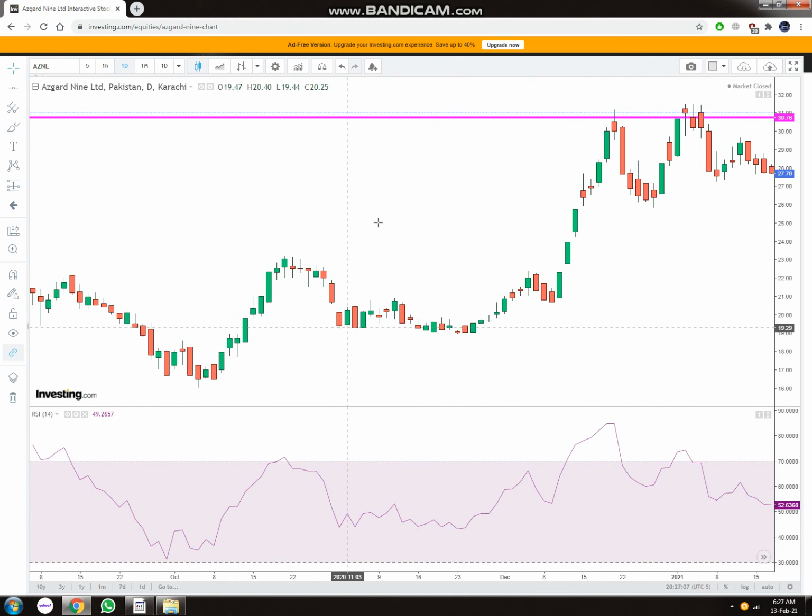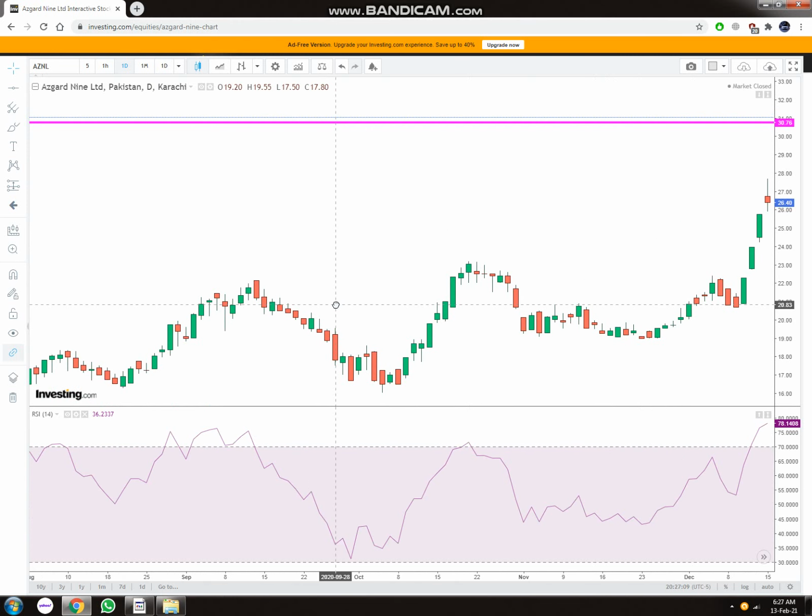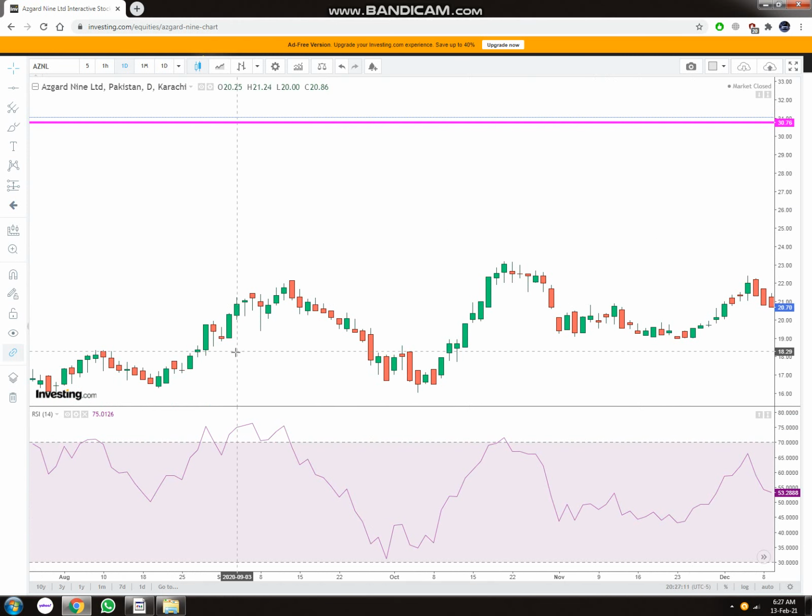At certain points we'll have to recognize certain areas of profits and certain areas of losses. This is all about trading in the stock market. Now you can see that these two showed signs of bearishness. This was also an uptrend, and the bulls were strong at this level, so they pushed the market upward.